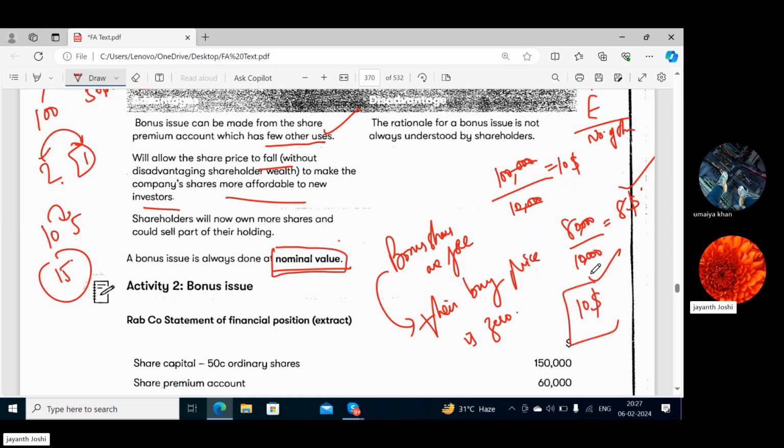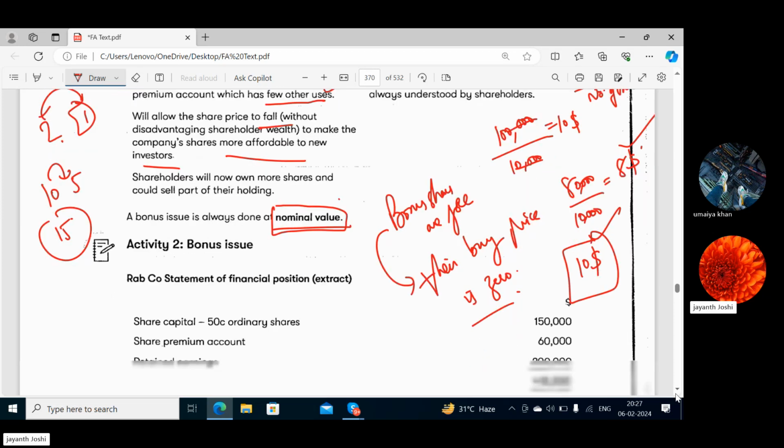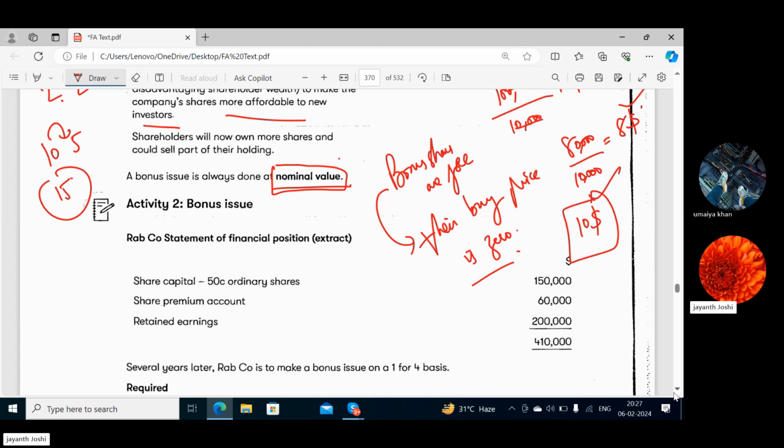They are issued at $10 to the existing shareholders, but this $10 is not taken by the company from the shareholders. The share may have a value, but the shareholders are not paying to buy these shares. They are getting it as a free gift, or free of cost. So that's the reason why I said their buy price is zero. Now let's see what is happening after bonus shares.